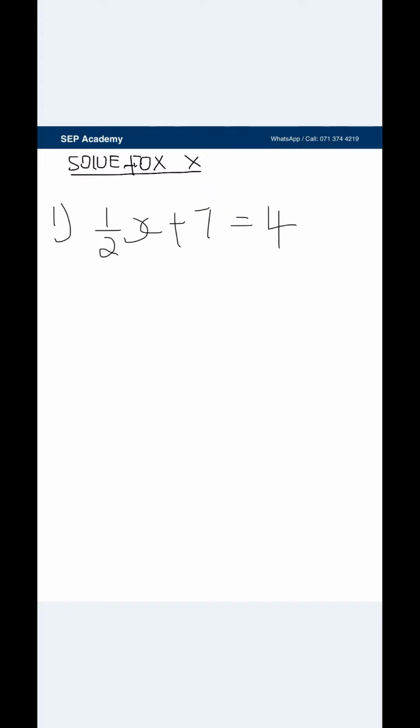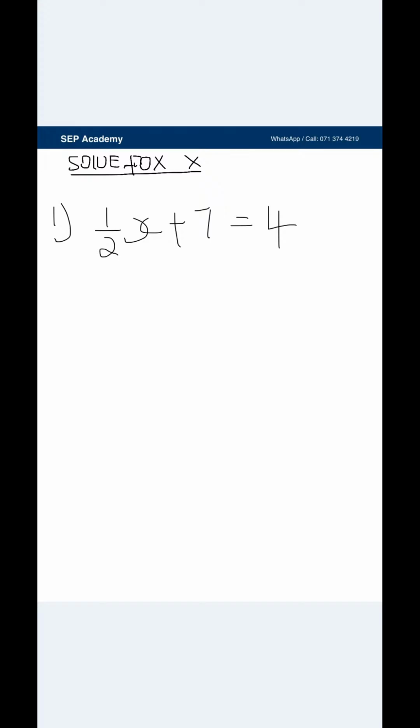So just like we did with simple linear equations where there were no fractions involved, we knew that in the end we have to have numbers on one side and letters on one side. We still follow the same principle even when we are dealing with this type of equation where one or more of the given terms may be a fraction.